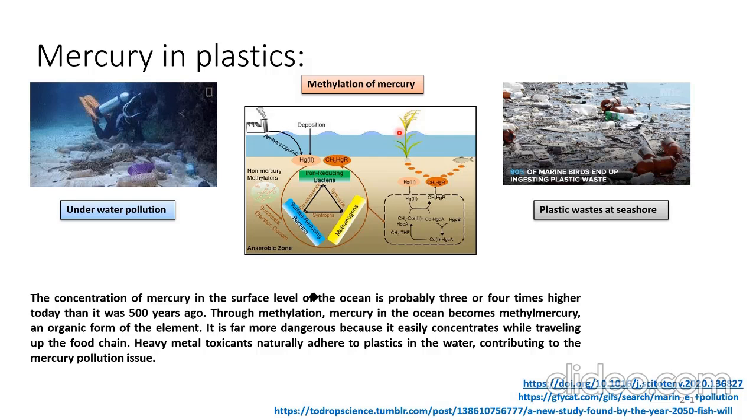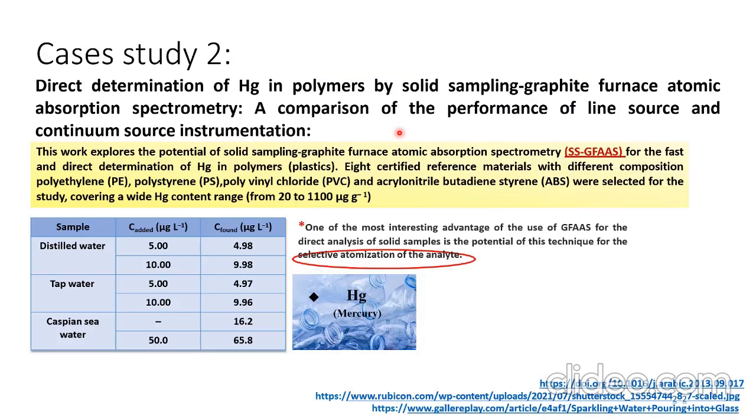These heavy metal toxicants naturally adhere to the plastics in the water, and that contributes to the mercury pollution levels. The second case is the direct determination of mercury in polymers by solid sampling graphite furnace AAS, a comparison of the performance of line source and continuum source instrumentation. Two sources are used here.